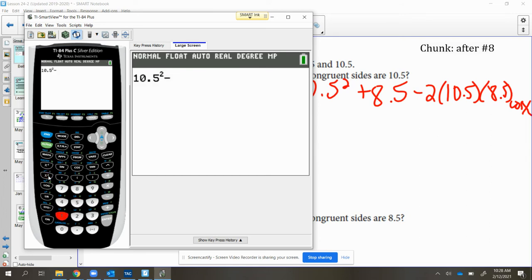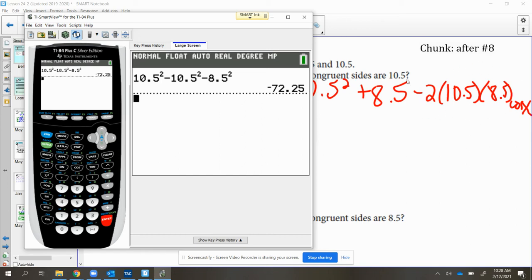Squared minus, we're going to subtract from the right side the 10.5 squared and the 8.5 squared. And then we're still left with this negative 2 times 10.5 times 8.5.